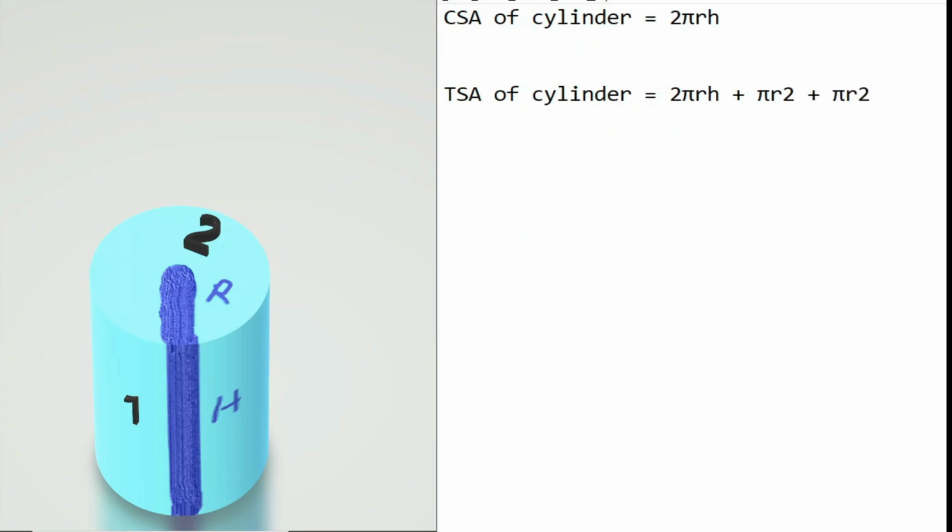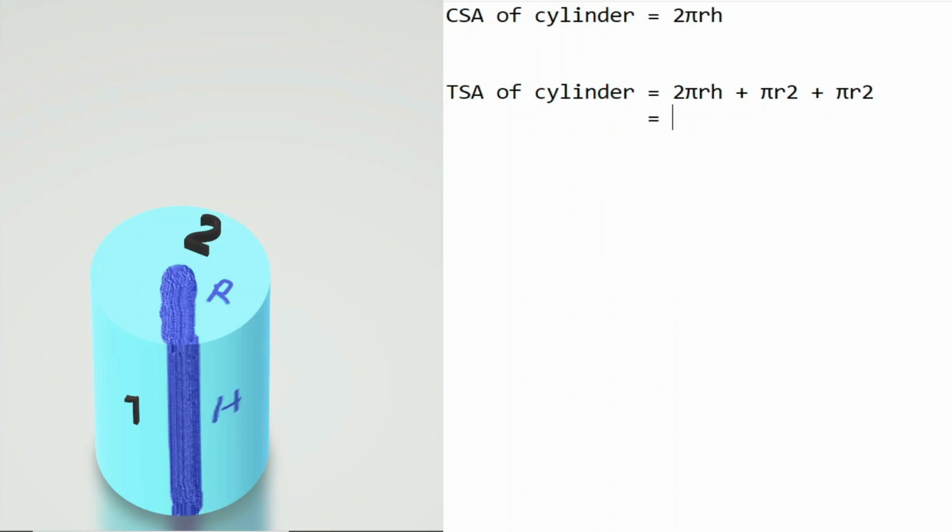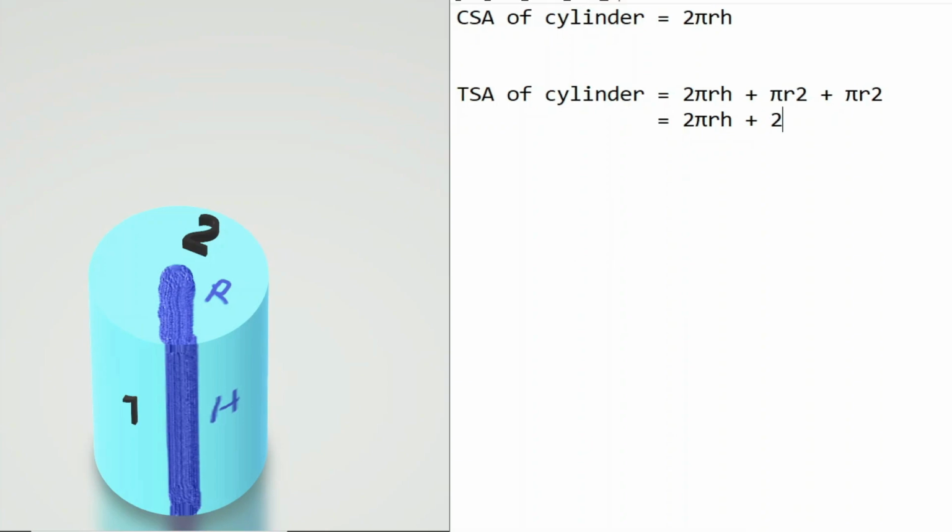So this gives us 2 pi r h plus 2 times pi r square. Why 2 times? Because pi r square plus pi r square is 2 times pi r square. This 2 is not multiplied by 2, it is the square.